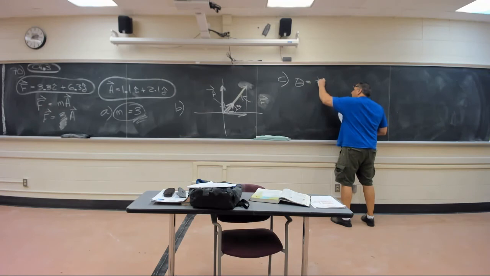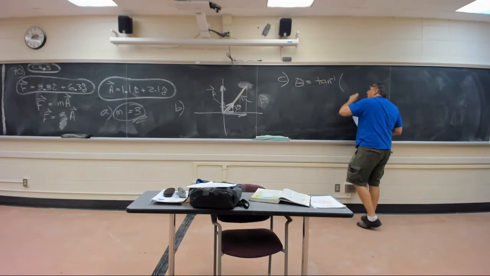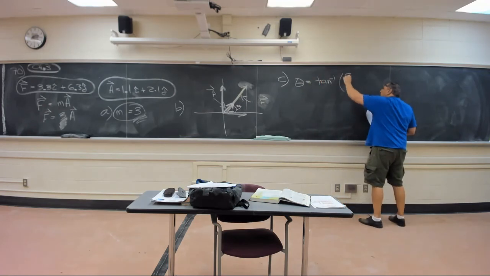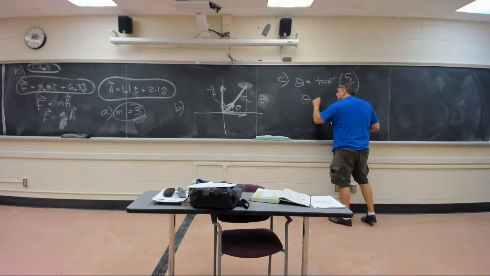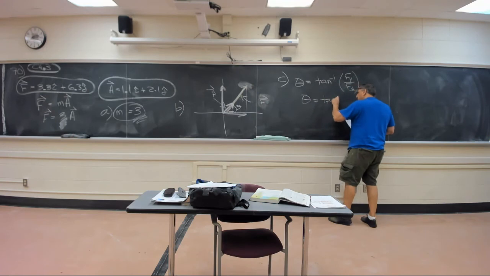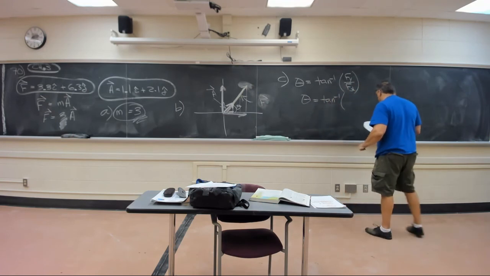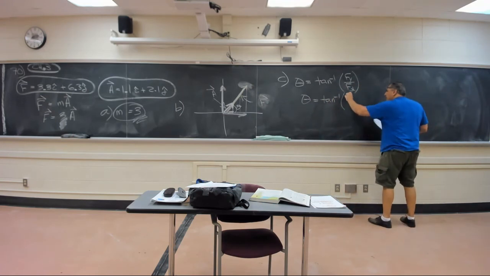Theta equals the inverse tangent of the rise over the run. 6.3 divided by 3.3.